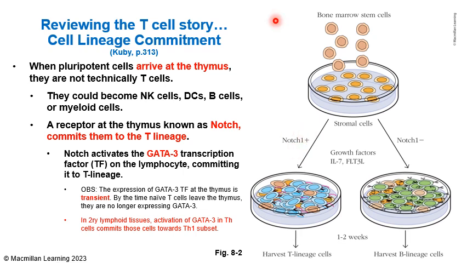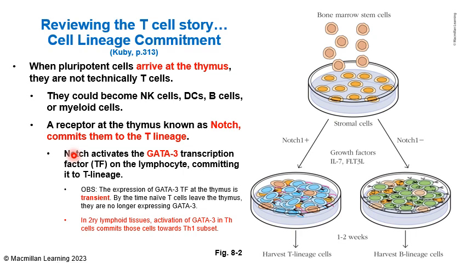Now, when those cells that are not yet T cells arrive there, they get in contact with Notch1 and start to upregulate certain transcription factors, like GATA3, for example.